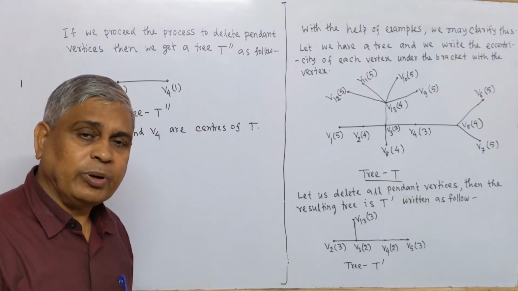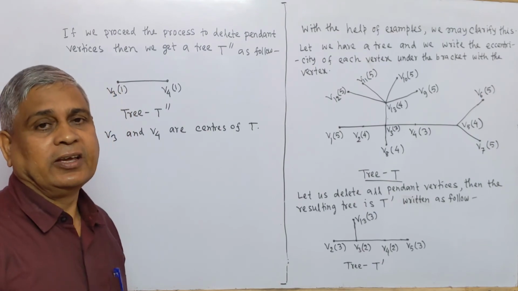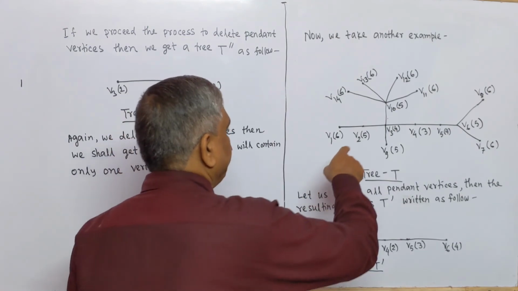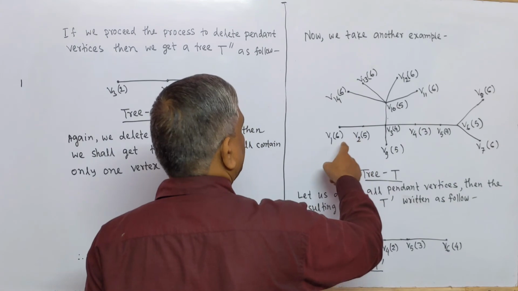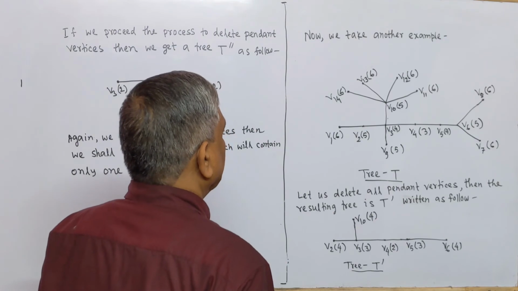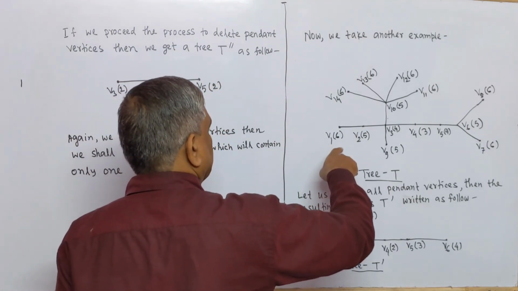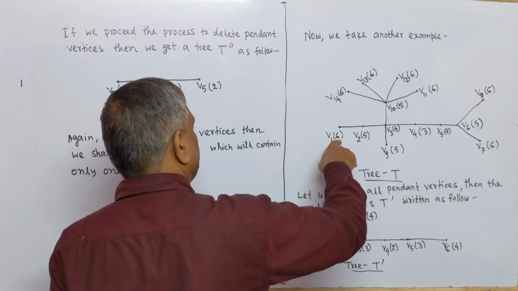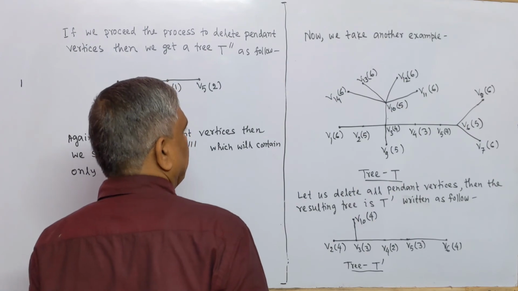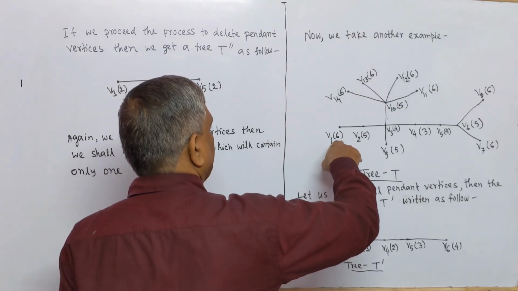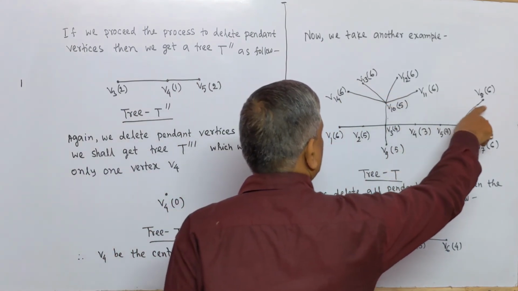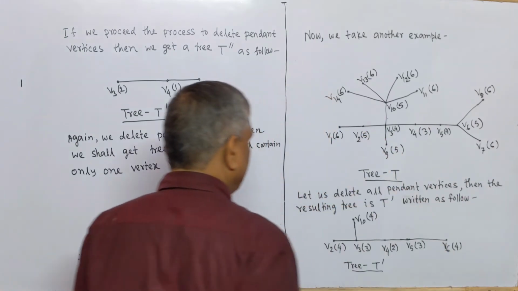By another example, we may also clarify this. Now we take another example. In this example, we have tree T. Here we have number of vertices be 14, and here the eccentricity of each vertex is written under the bracket with the vertex. Here we have pendant vertices V1, V14, V13, V12, V11, V8, V7, V9.